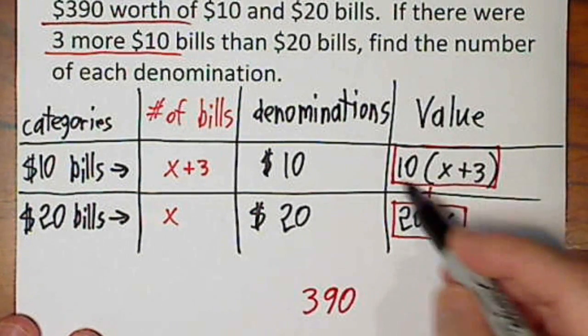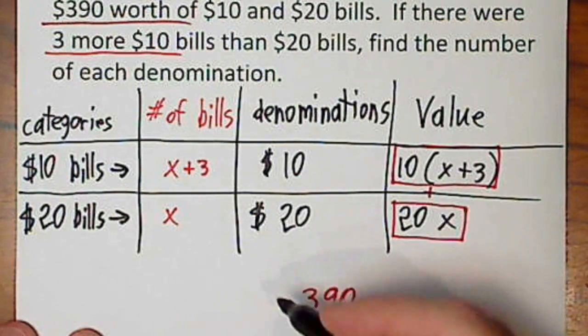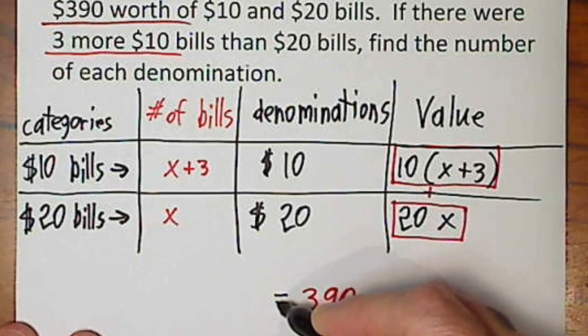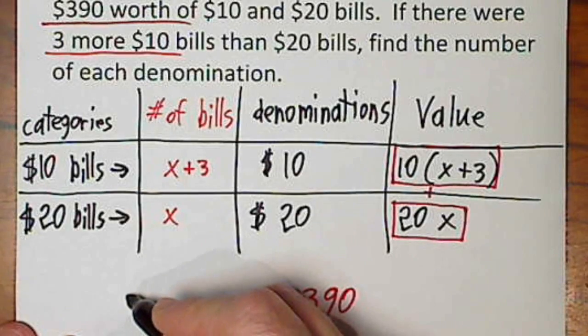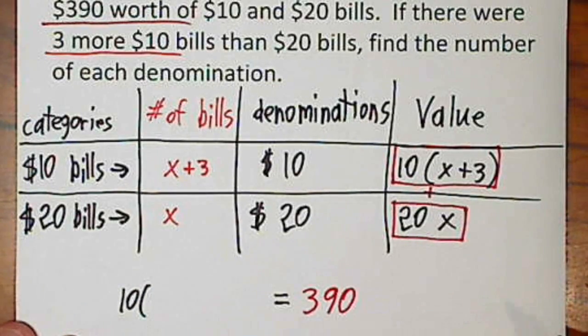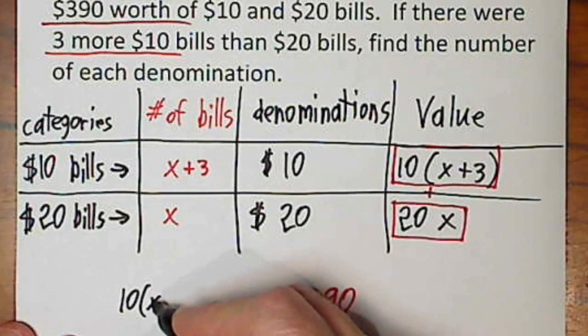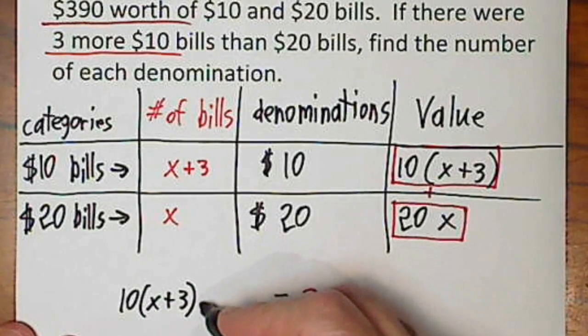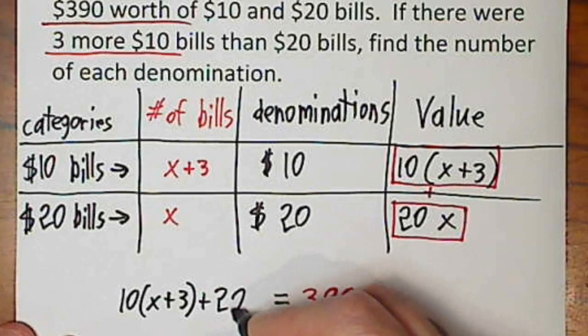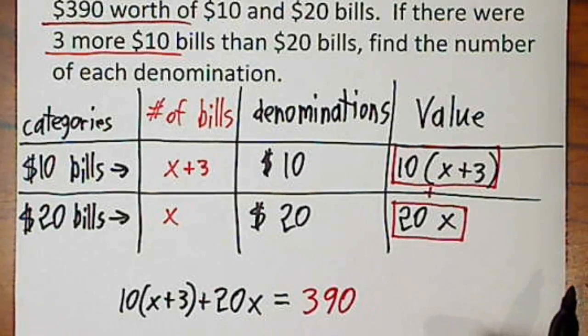So again, if I add this to this, I should get 390. So that's 10 times the quantity X plus 3 plus 20X. And I'm going to go ahead and solve for X.